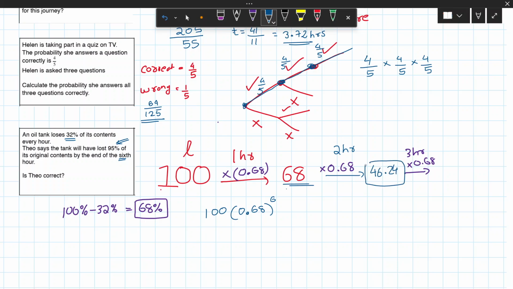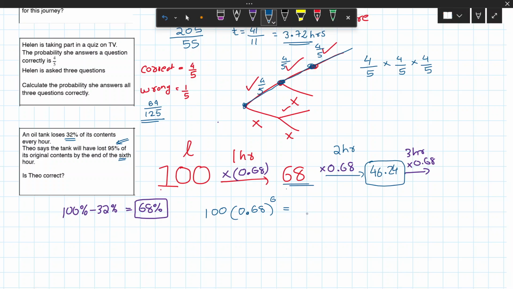So each time my liters are coming down by 32%. So instead of timesing by 0.68 every single time, I could just do 100 times 0.68 to the power of 6.